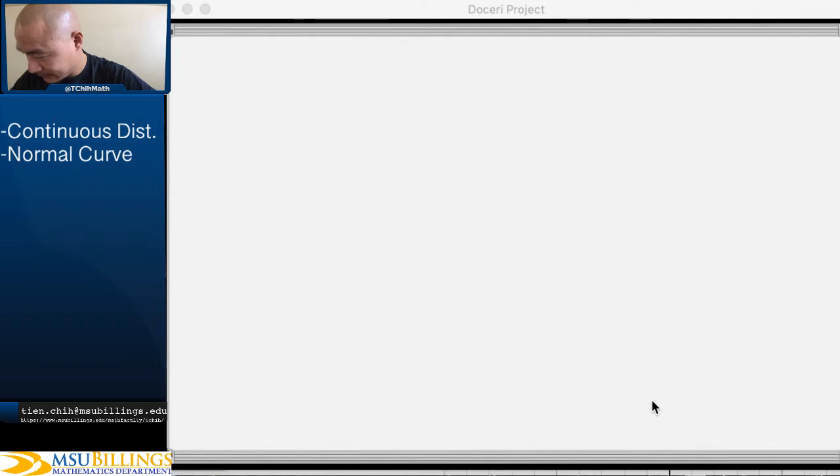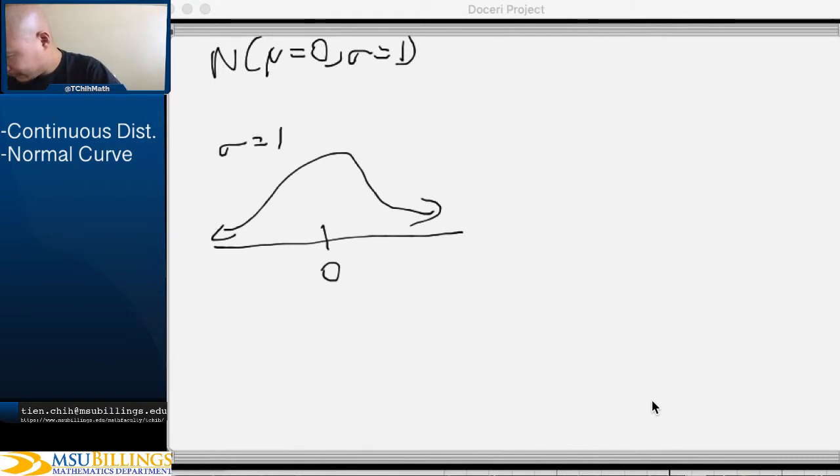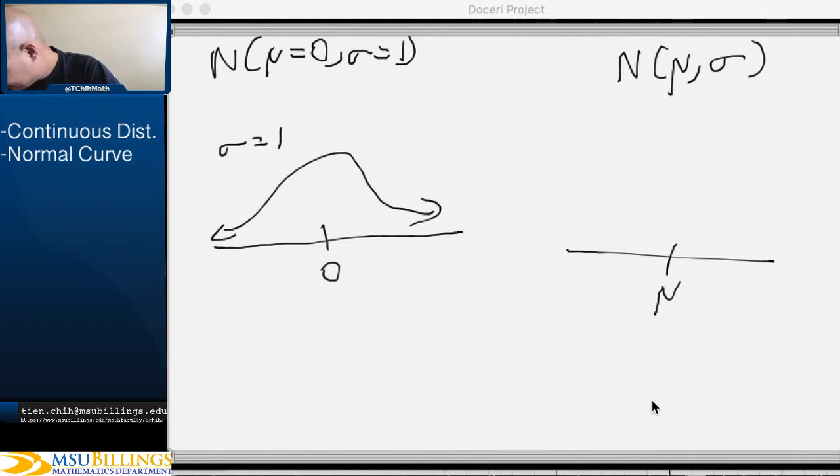So here's N(mu equals 0, sigma equals 1). And over here, we're going to just draw a normal curve.